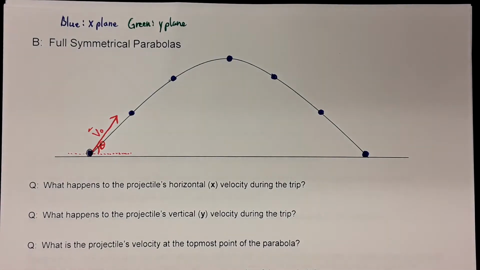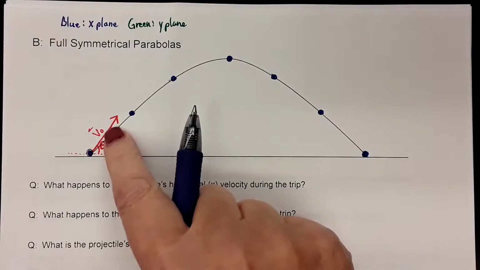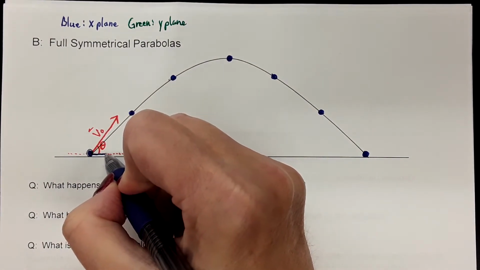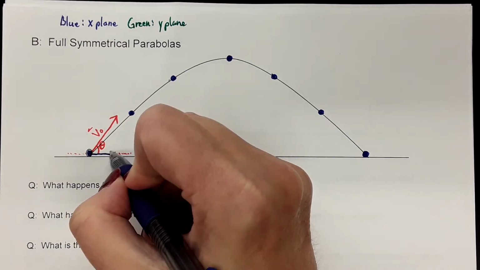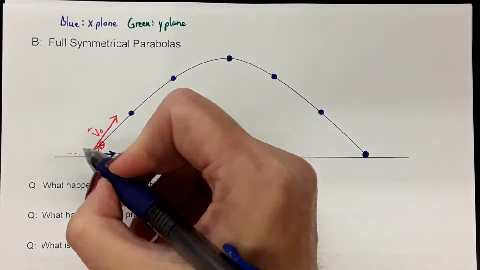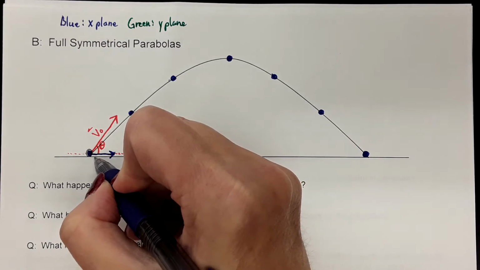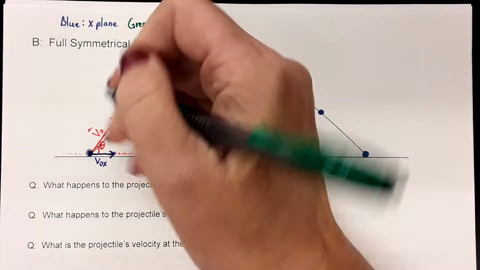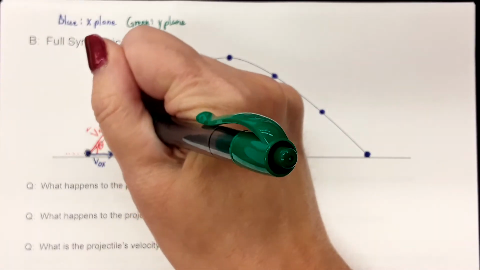And basically, if we know the magnitude and the direction of the initial velocity, we could use our vector resolution skills to resolve this velocity into an initial x component and an initial y component.